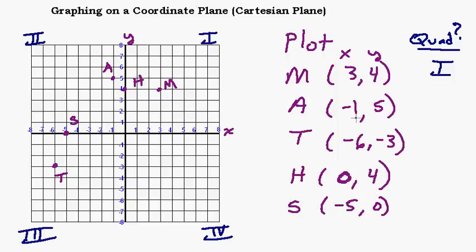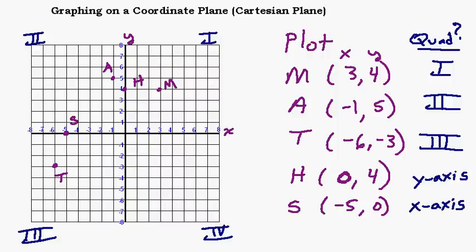A is in quadrant 2. T is in quadrant 3. H is not in any quadrant at all. When it lands on the y-axis, it's not in a quadrant. So it's not in any quadrant. You could say it's on the y-axis. And S, similarly, is on the x-axis. It is not in any quadrant at all.